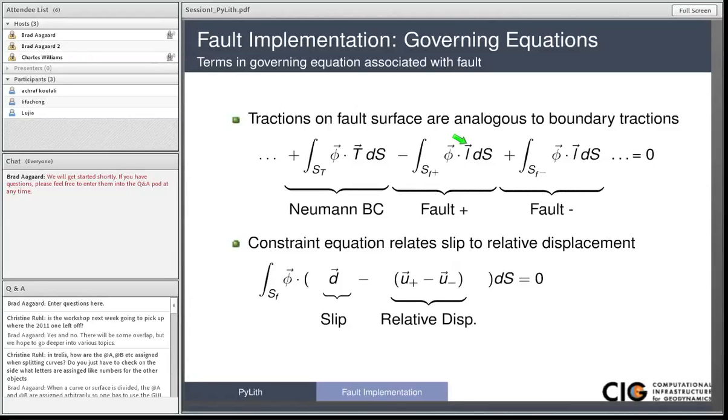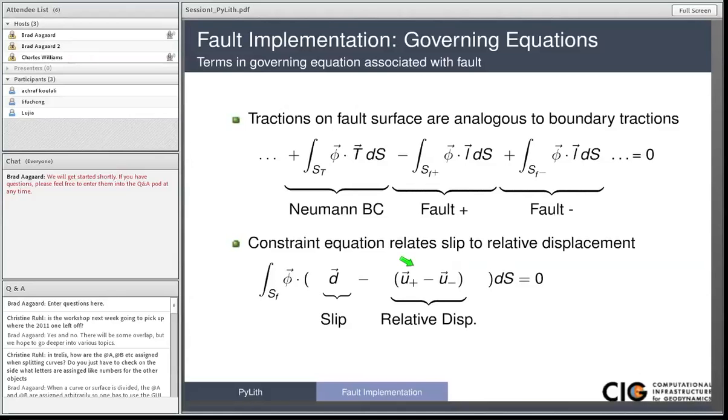And as I show in a minute, on our positive side, we have a negative sign for our tractions. On the negative side of the fault, we have a positive sign for our tractions. And that's just based on giving the correct sign for our tractions to get the desired direction of slip. Then our constraint equation is our slip minus the relative displacement.